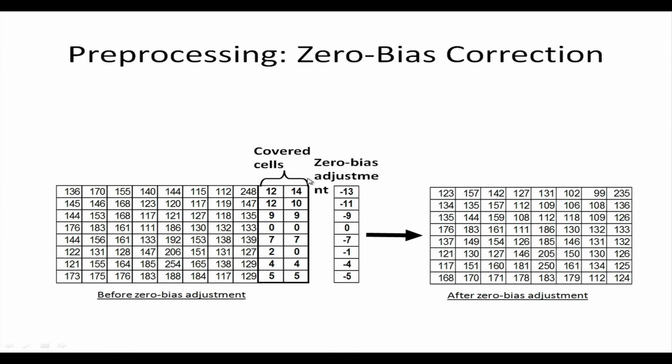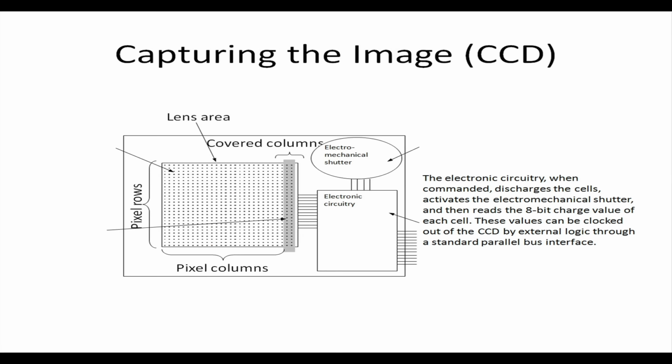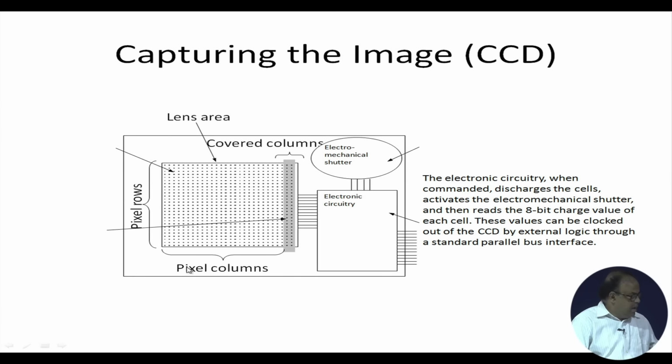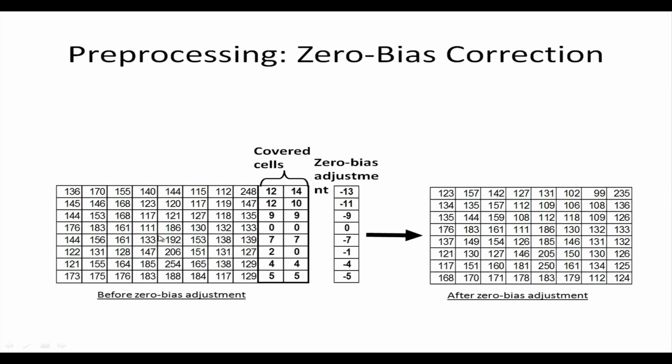So, that is in essence the structure of the CCD part, okay, how we will capture the images. As I had said, after we capture the image, the next step will be pre-processing, and the pre-processing will start with zero bias correction. Here we have got a matrix, 8 by 8 we are showing, plus 2.